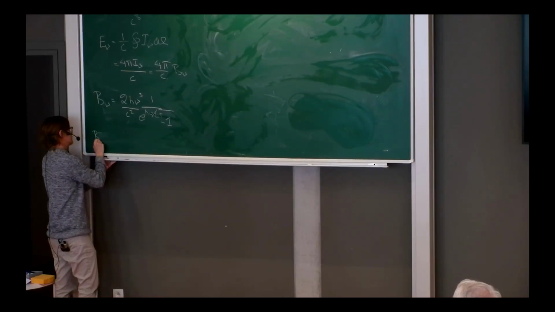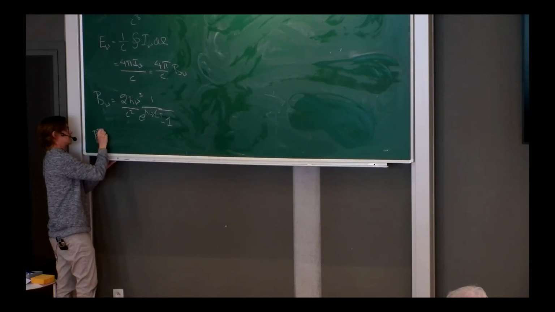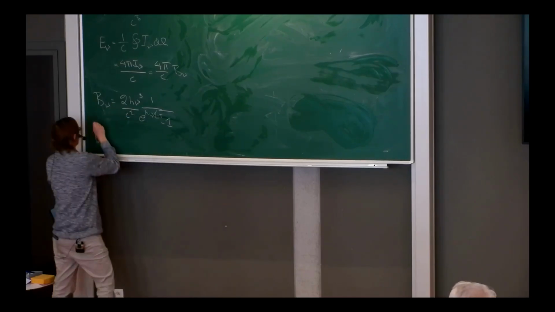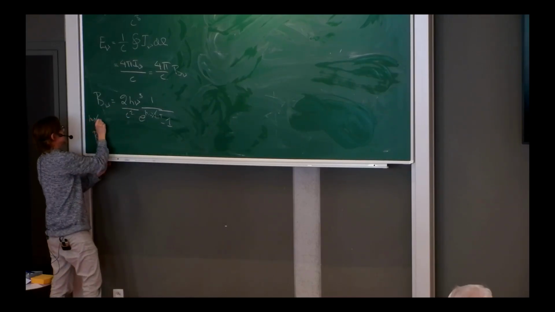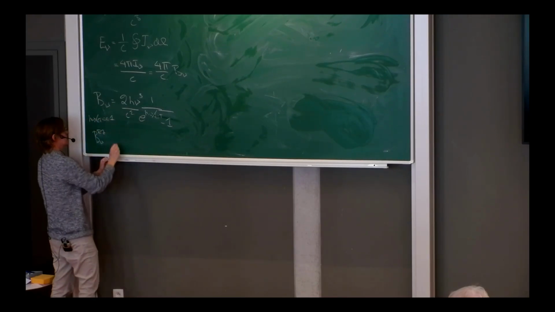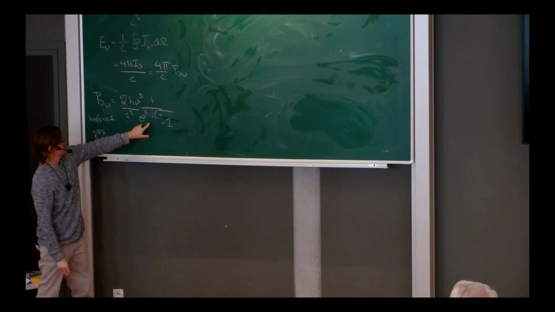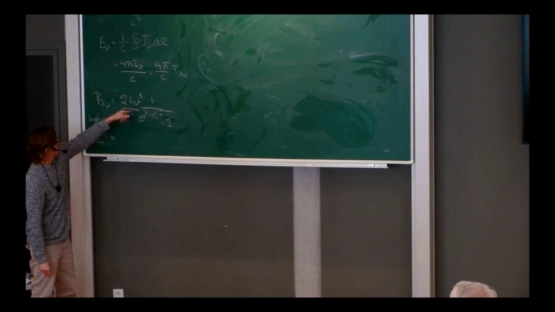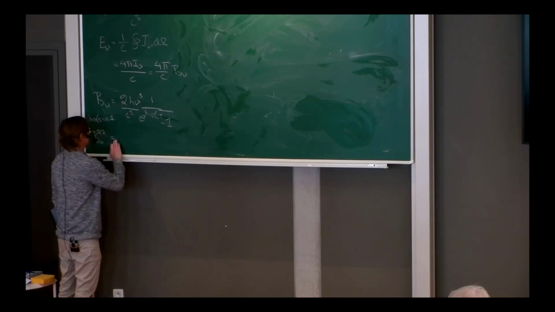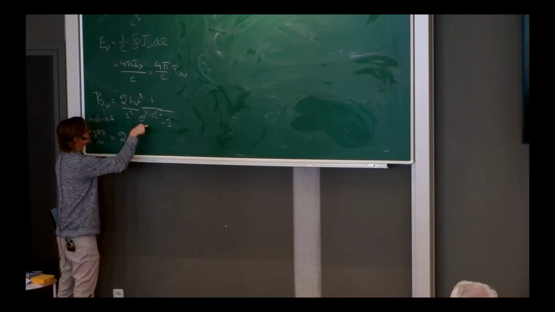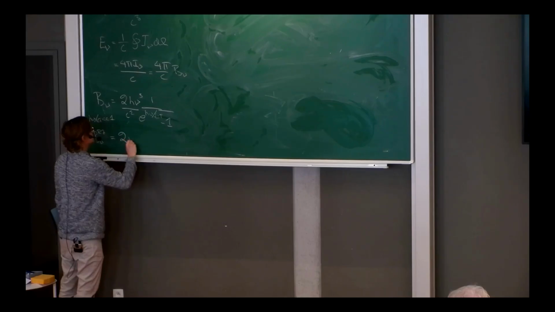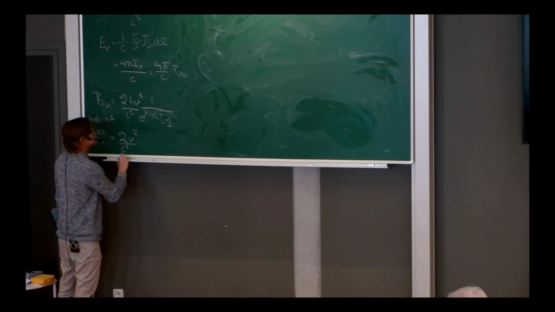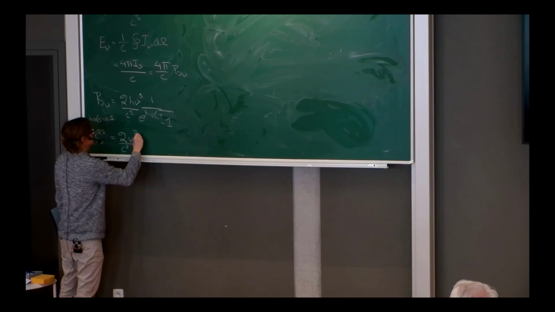But we said that what we call the Rayleigh-Jeans limit is the limit where h nu divided by kT is much, much smaller than 1. We just Taylor expand this, and the Planck's constant vanishes. So B nu is just 2 nu squared kT divided by c squared.